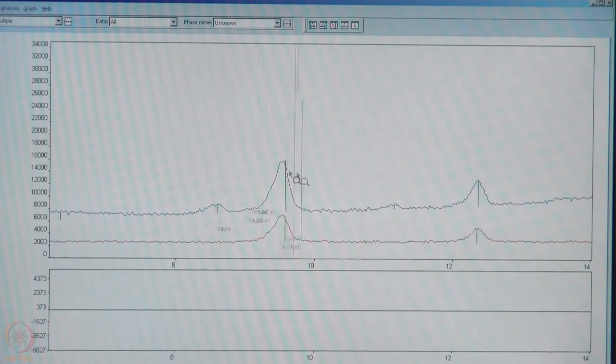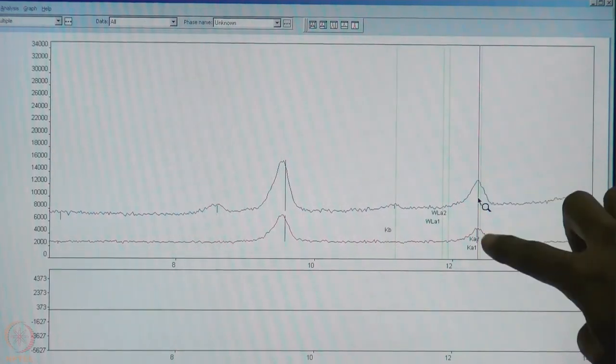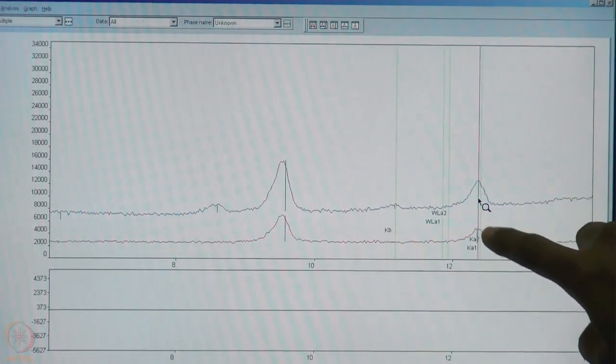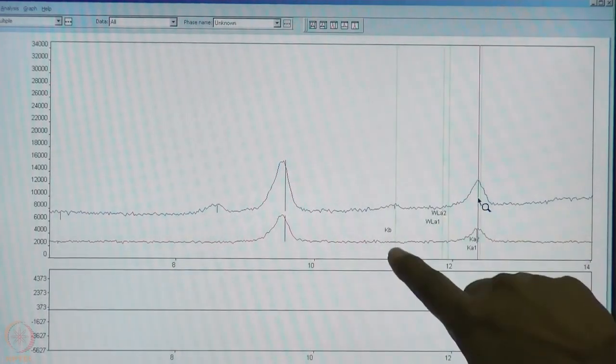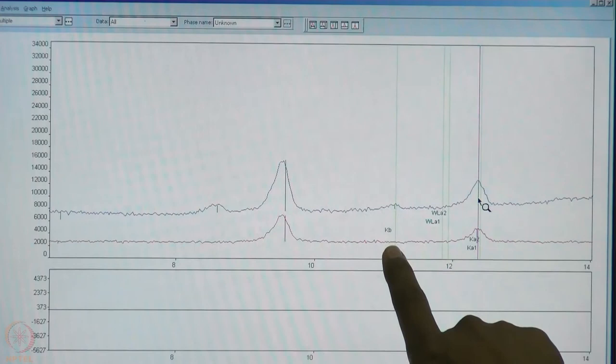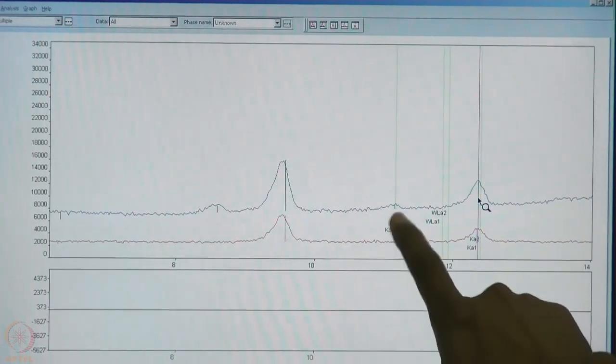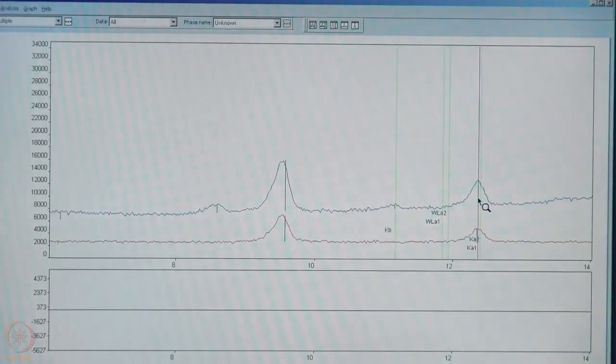Similarly, if we bring that line here on the right hand side, this peak corresponds to K alpha 1 and then K alpha 2 as well, but there is a very small peak which is appearing there, which was not there here because it was a flat background, but here there is some indication of a small peak.